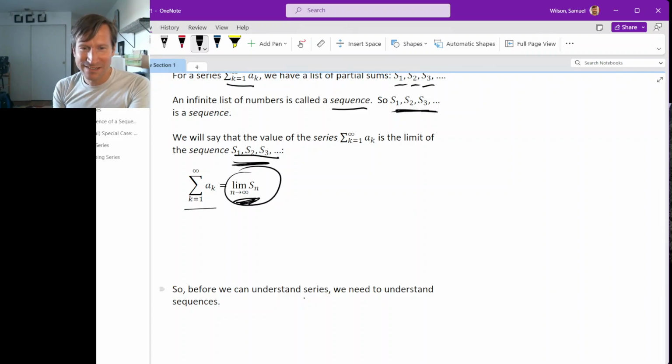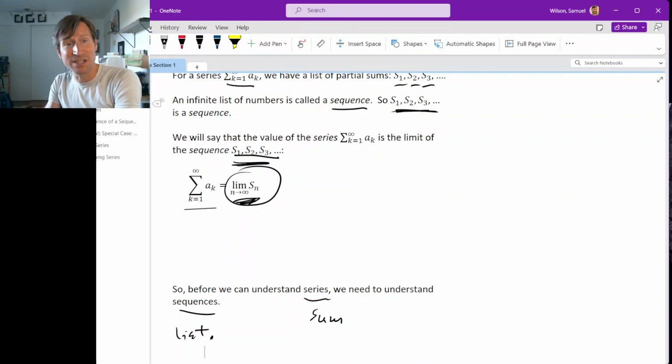The series is the one that's a sum, and the sequence is the one that's just a list. Not only do they both start with S, in a non-mathematical context a series of things and a sequence of things is almost the same idea, but in a mathematical context they're very different. The series is the one that you're adding up. I don't have a good trick for remembering which is which. You just have to remember, I'm afraid.